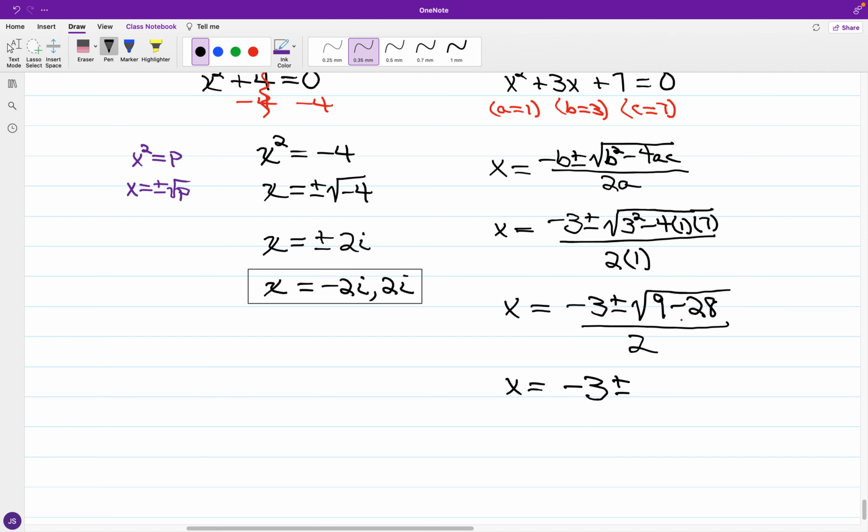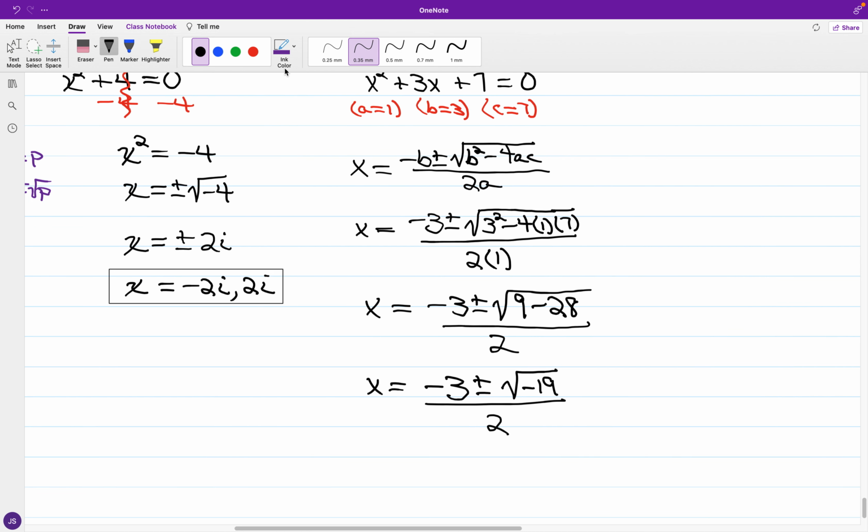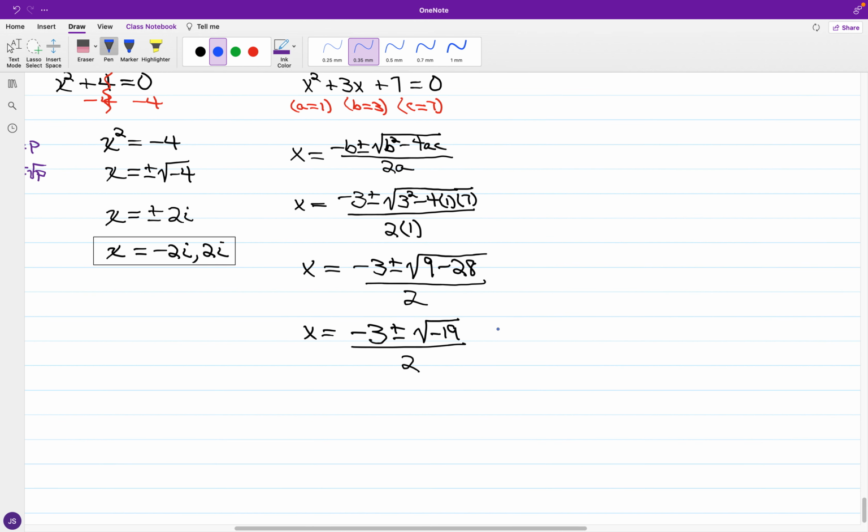If you notice, 9 minus 28 is going to be negative 19. Now 19 is a prime number, and so the square root of negative 19 is going to be the square root of 19 times i.